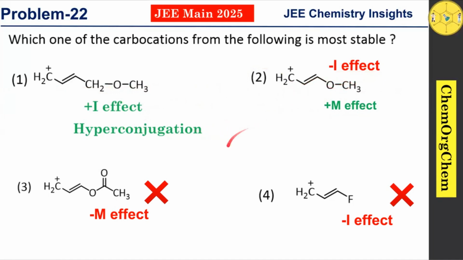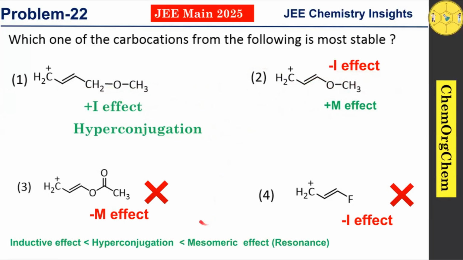When you get this type of situation, always remember this rule: mesomeric effect always gets more preference compared to hyperconjugation and the inductive effect. The inductive effect is one of the least preferred, so we can forget about it. Now compare hyperconjugation and the plus M effect. According to this rule, we should give more preference to the mesomeric effect. Therefore, the most stable carbocation would be option 2.